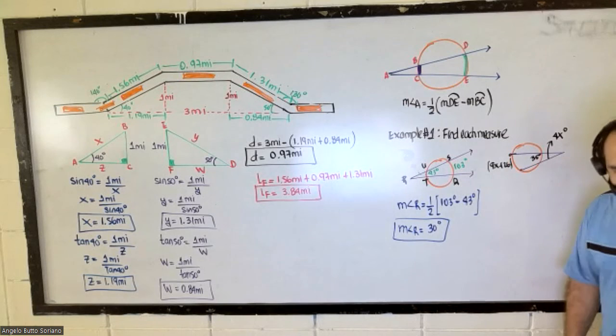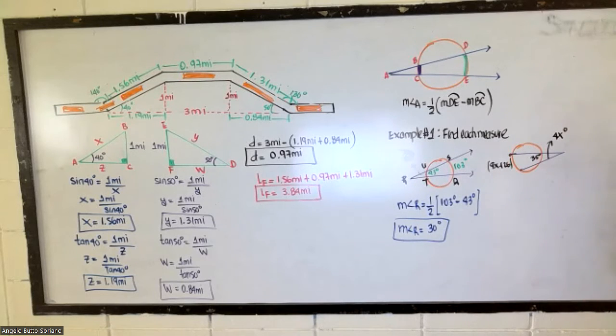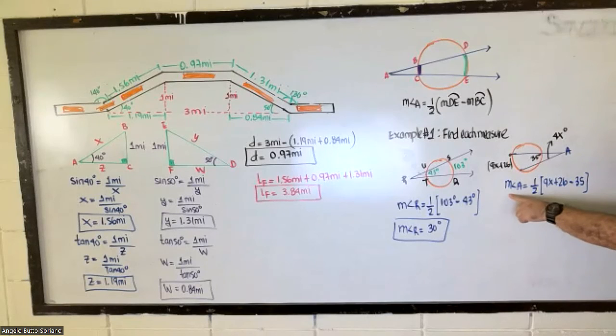Okay. So solving this problem, again, we're going to apply the formula. Let's see if we have the angle A. The measure of the angle A will be equal to the major arc, obviously, this is going to be the bigger one, right? 1/2 brackets 9x plus 26 minus the smaller one, 35. The measure of the angle A will be 4x degrees.